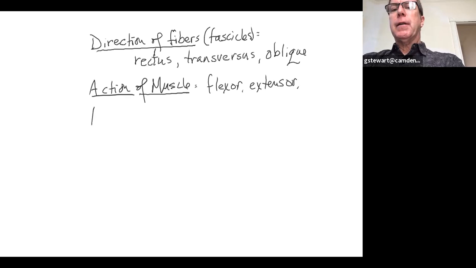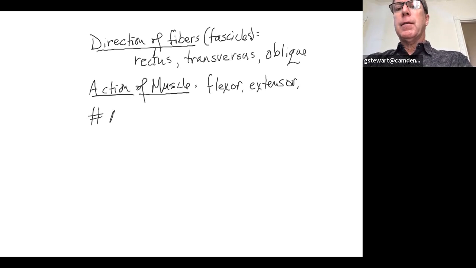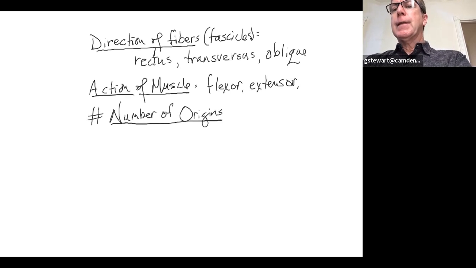Pound sign really means number. So I'm going to write, this represents the number of origins. Not origins and insertions, just origins. Examples of that would be words like biceps, because the biceps brachii muscle has 2 origins. The triceps brachii muscle has 3 origins.